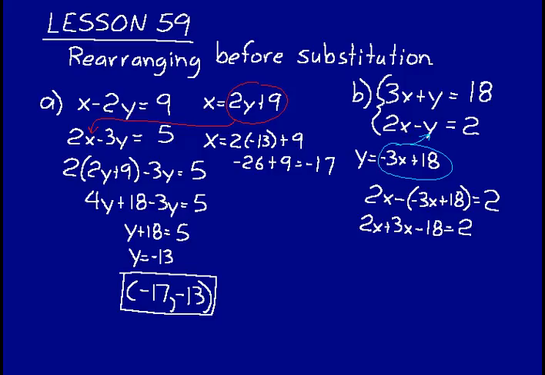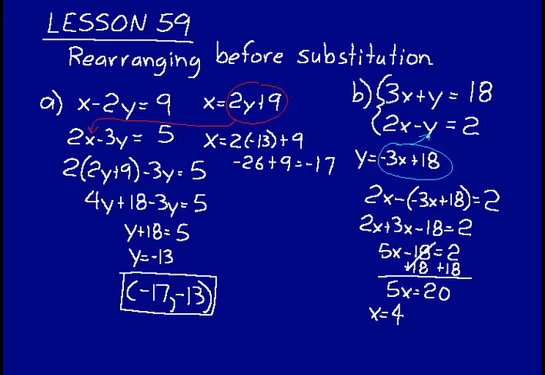Add the like terms. 5x minus 18 equals 2. Then we need to add 18 to both sides. That cancels on the left, and we have 5x is equal to 20. And now we just have to think 5 times 4 equals 20, so x is equal to 4.